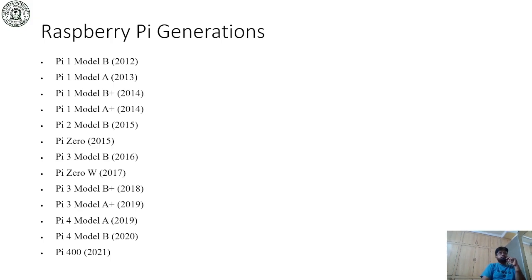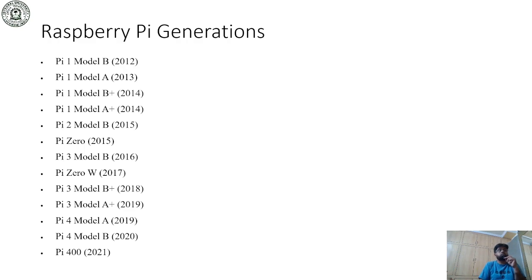Now here you can see the different generations of the Raspberry Pi. It was introduced in 2012 with Pi 1 Model B, and every year this model has been upgraded, and the current version of the Raspberry Pi module is Pi 400.